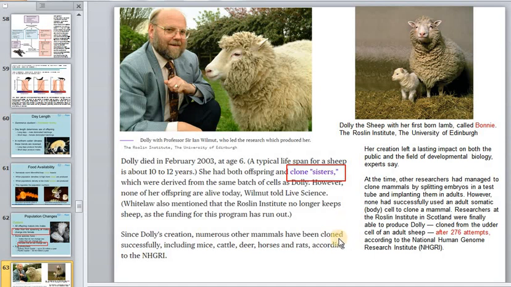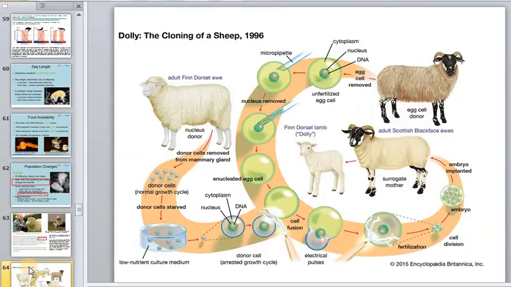And look at the number of attempts: after almost 300 attempts, we have this clone, and she gave birth to offspring, and also had her own clone sister. Here we see this clone sister, and here how it was done.